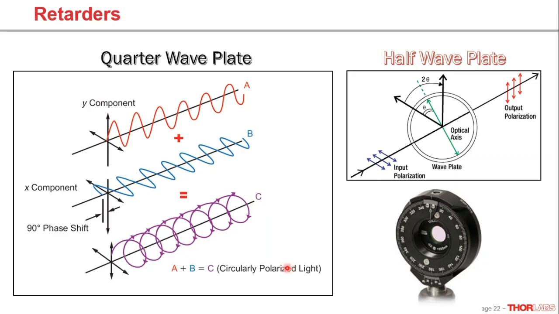We see here the delay of our quarter wave plate with the 90-degree phase shift, allowing these two components to sum to a circular polarization state being created as a result.